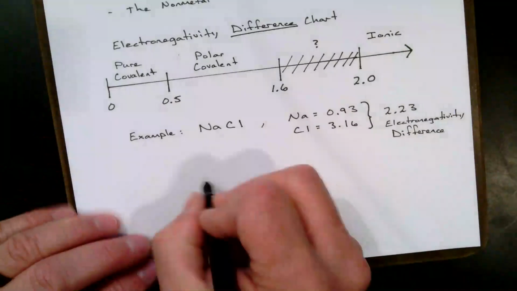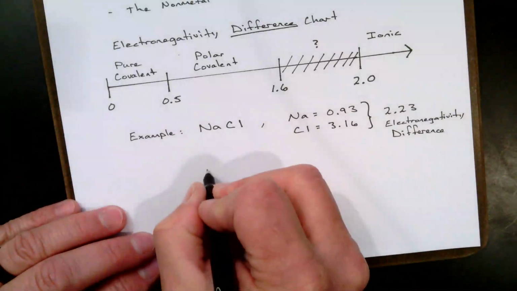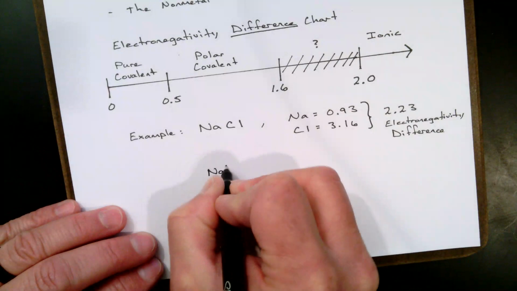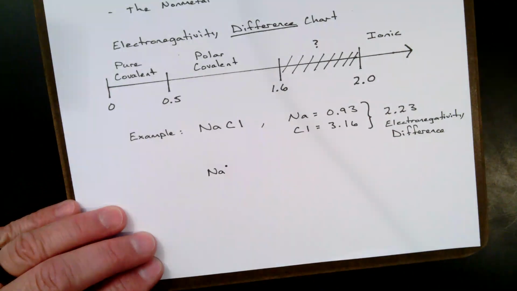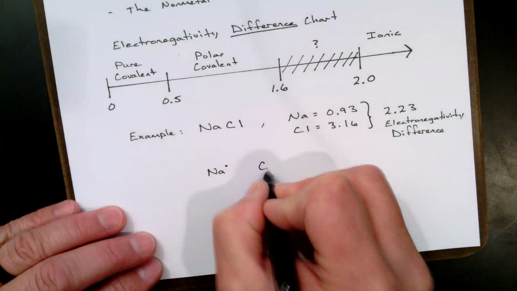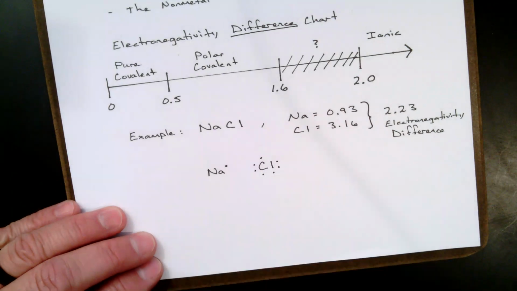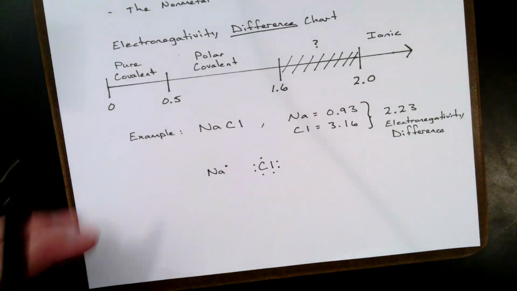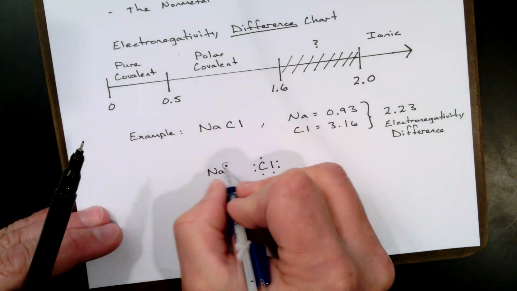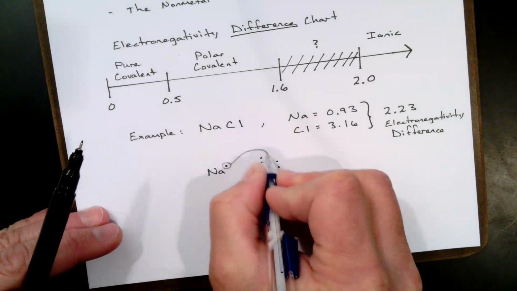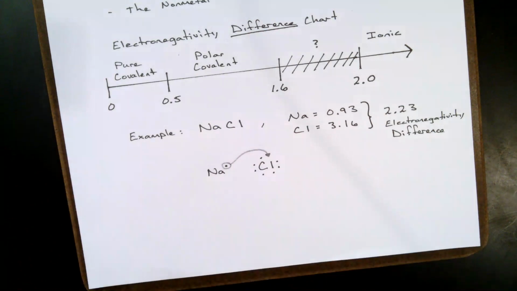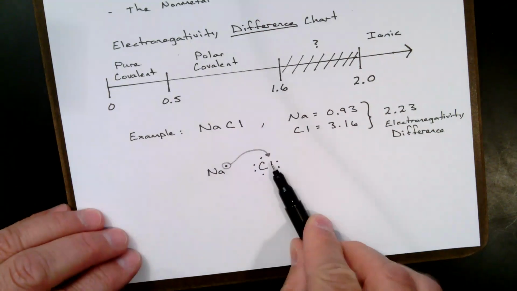So the way that we would show that is we would show Na with one valence electron in column 1A, Cl with 7 valence electrons because of 7A, and we would show the electron being transferred. Why is it moving from Na to Cl?